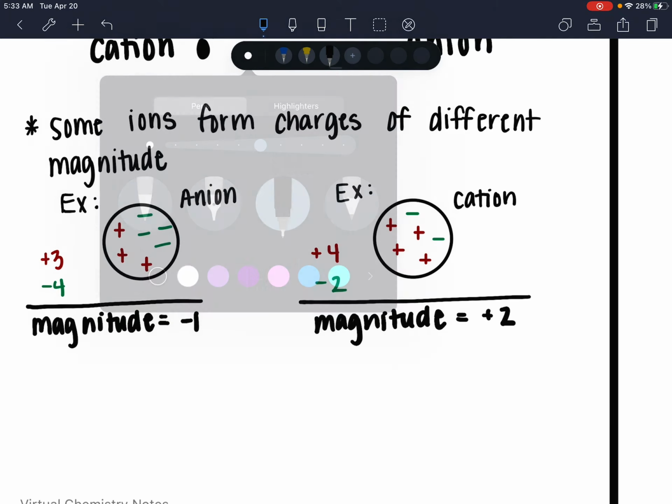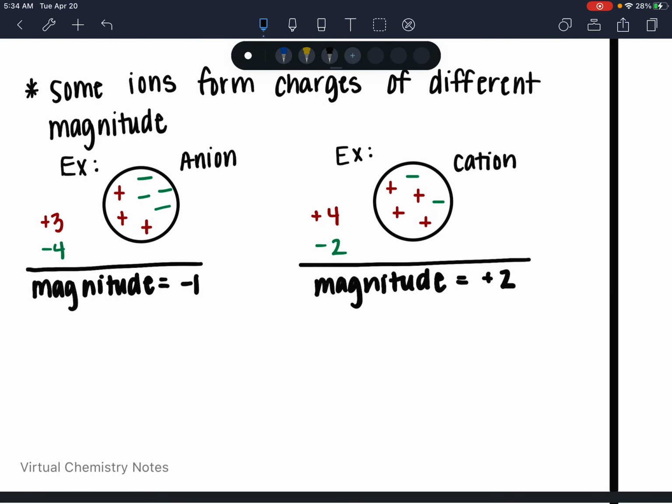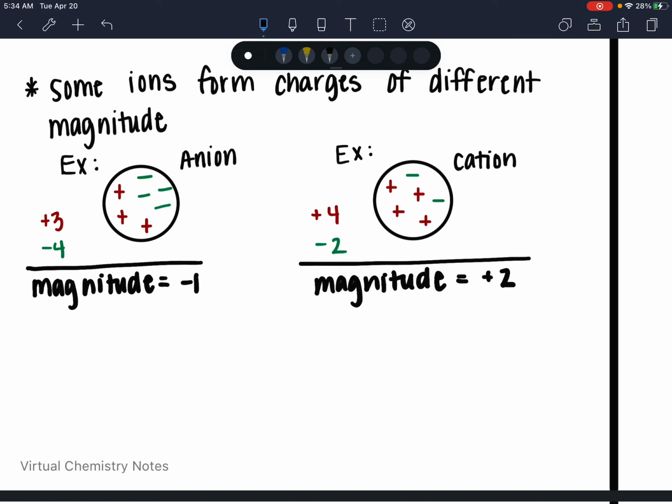Every element has a different magnitude. So elements on the periodic table form charges of different magnitudes.